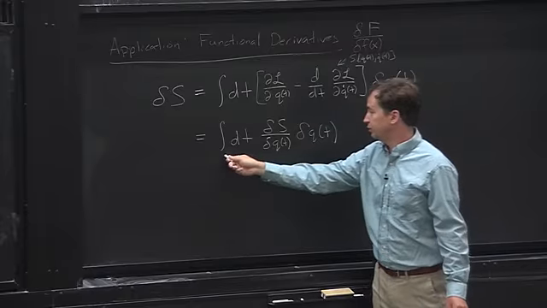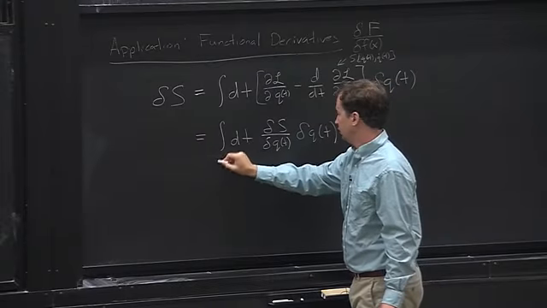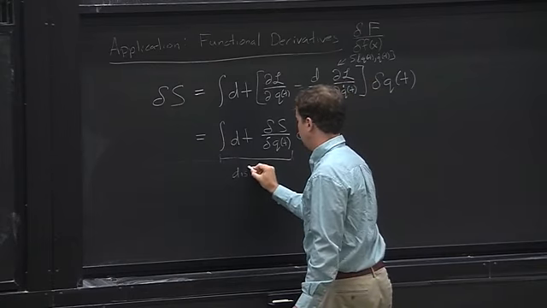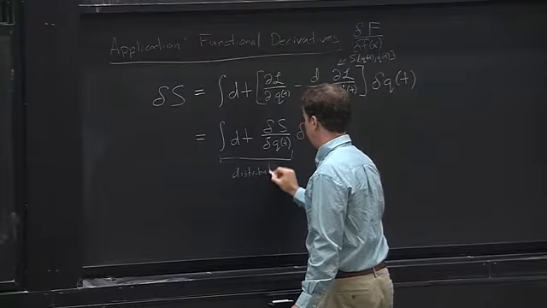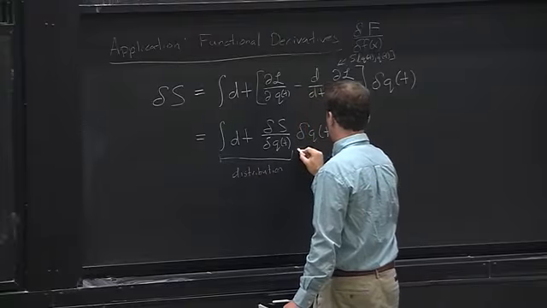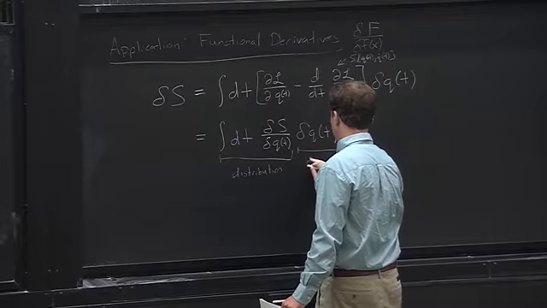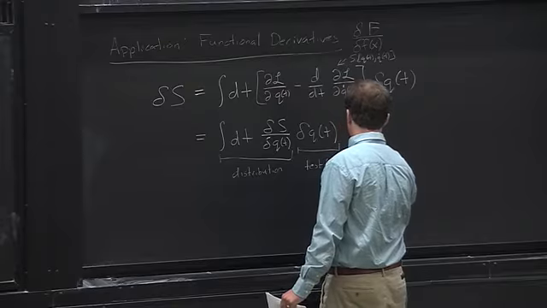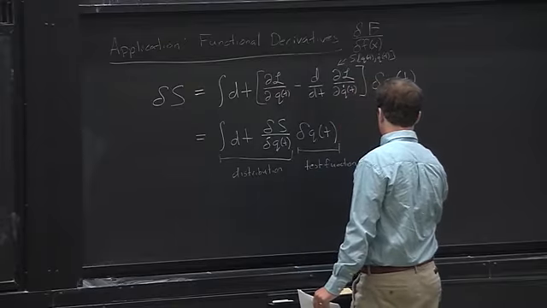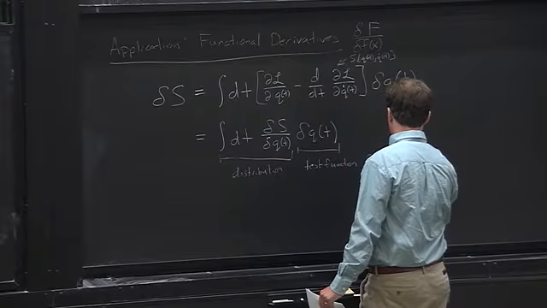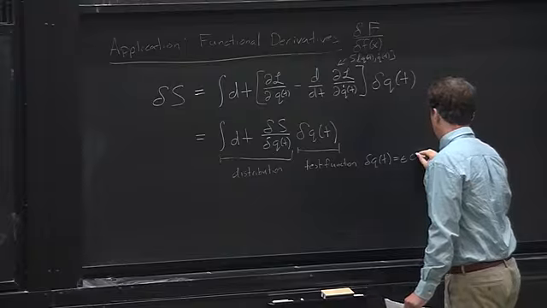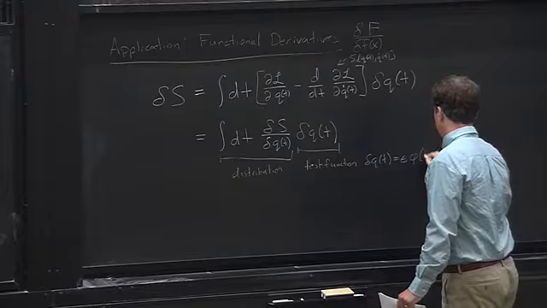So this is the functional derivative, and as this expression suggests, we can think about the functional derivative as a distribution. This part here is a distribution, and it's acting on a test function delta q, which we can write as epsilon, some small parameter, times a test function.